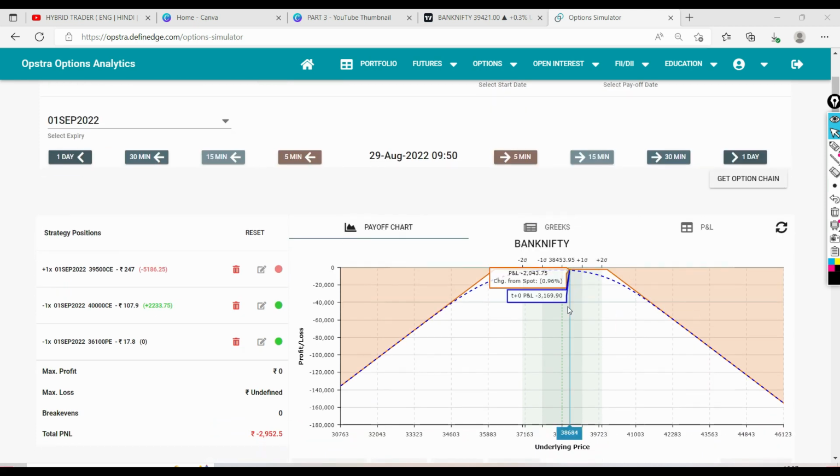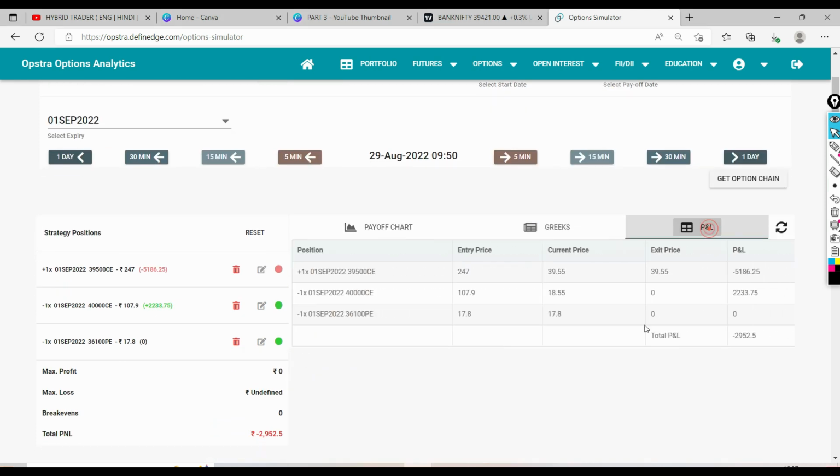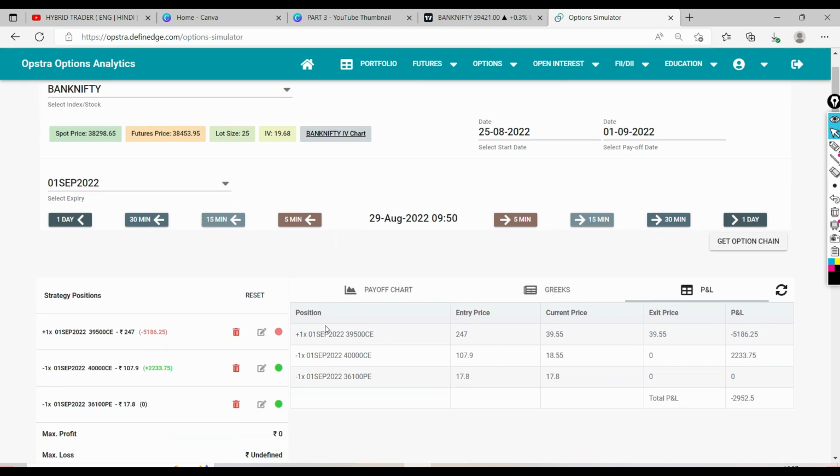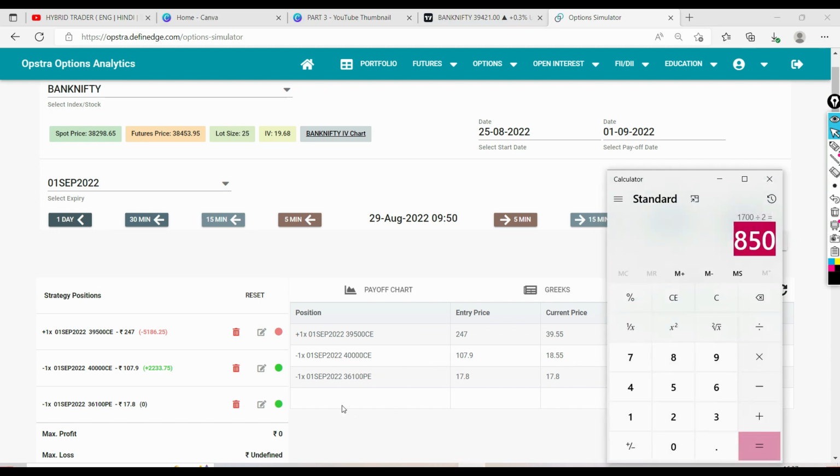Now the calculation comes into the picture. Where is your market standing? Your market stands at 38,500 and we have exited this. So now what is the difference between this 40,000 and 36,100? 40,000 minus 36,100, almost 3,900 spread difference.